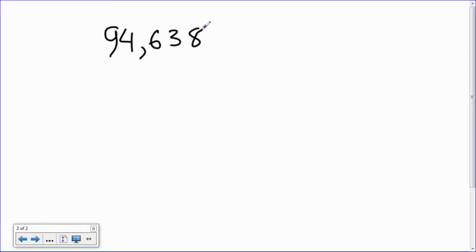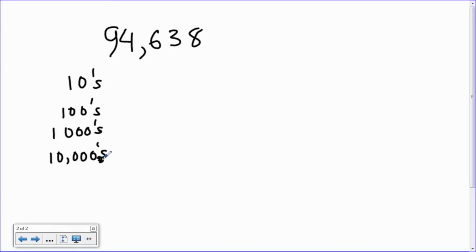If I'm going to round to the tens place, and then the hundreds place, then the thousands place, and then finally the 10,000s place, what does the 94,638 get changed to?